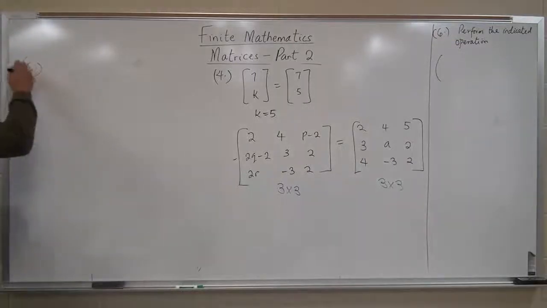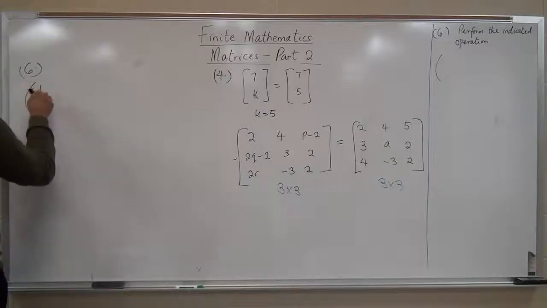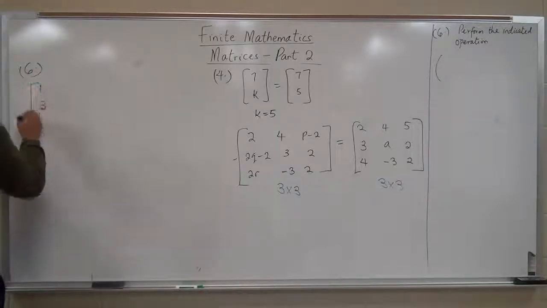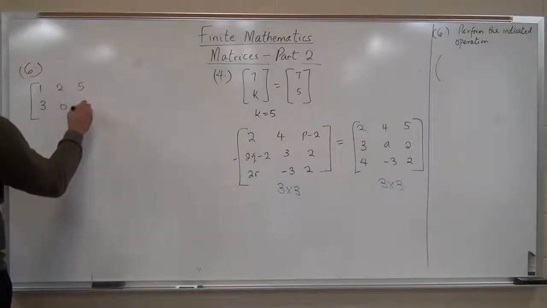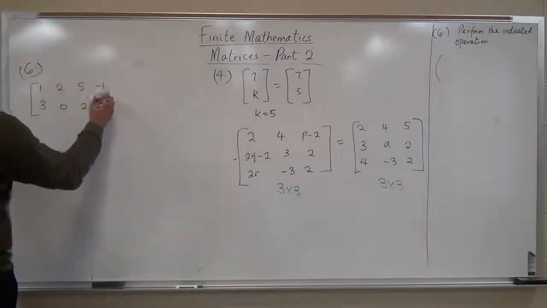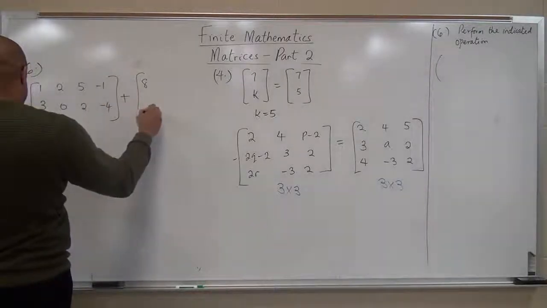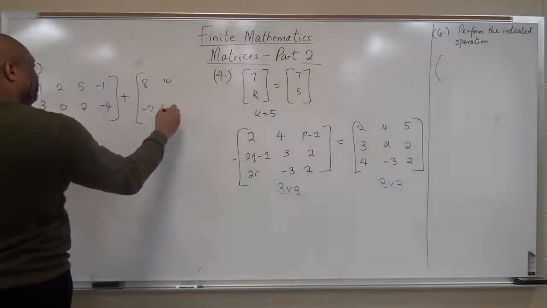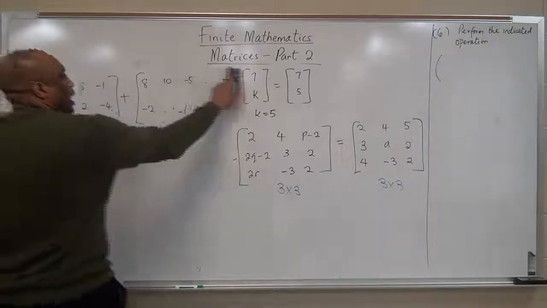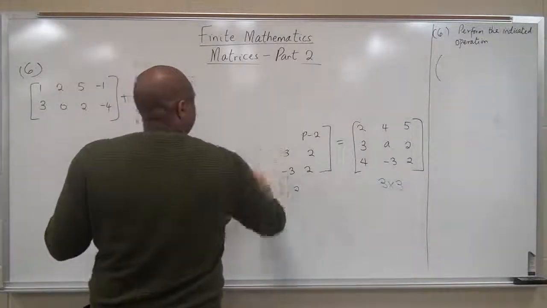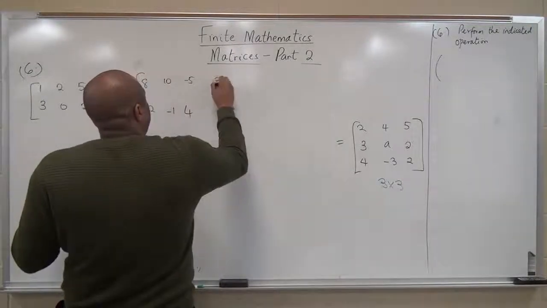Question 6: by column 1, 3, 1, 3, 2, 0, 5, 2, negative 1, negative 4, plus 8, negative 2, 10, negative 1, negative 5, 4, and 3, 5.